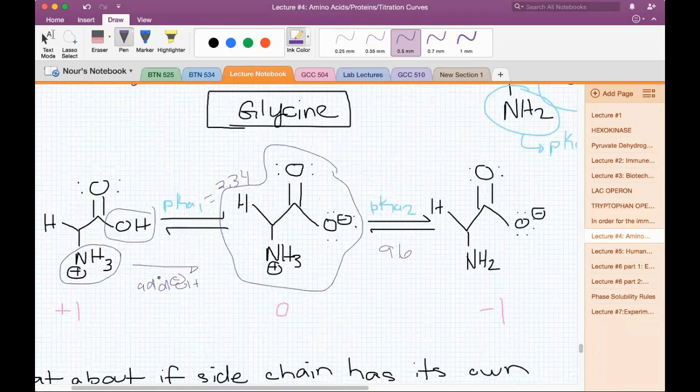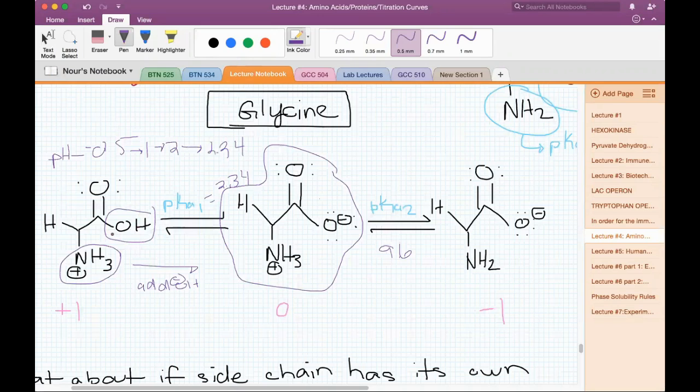So we add more OH, and the pH is going higher. We were at a pH of, for example, 0.5, right? We go up, it gets to 1, it gets to 2, and then finally when it gets to 2.34, the gates are open to this group because the pKa is 2.34. So then the OH can steal the hydrogen.